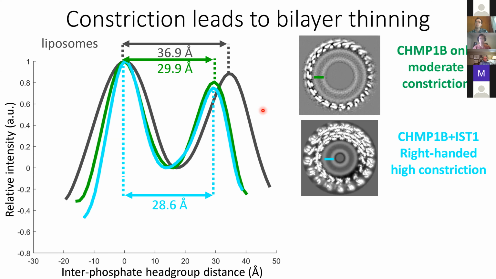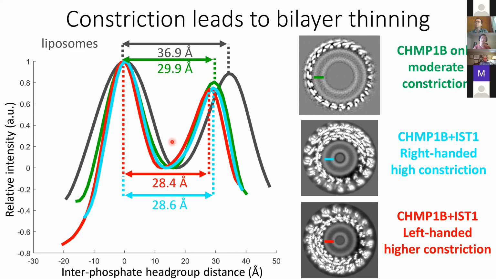Then if we look at our high constriction states, where we have 2 because of the right and left-handed filaments, we see that this trend also follows: as you squeeze it even further, the bilayer decreases down to 28.6 and 28.4 angstroms. And also as a consequence of this, the inner leaflet becomes more dense as you're squeezing it.